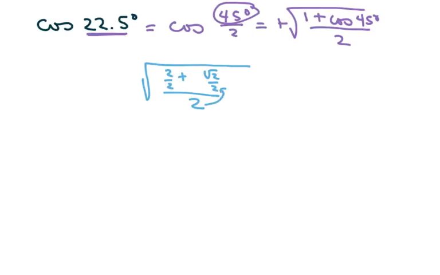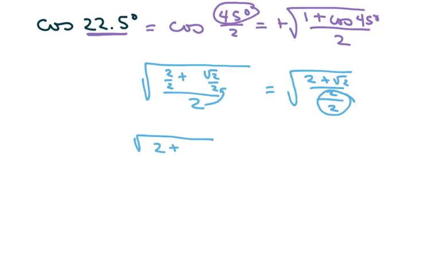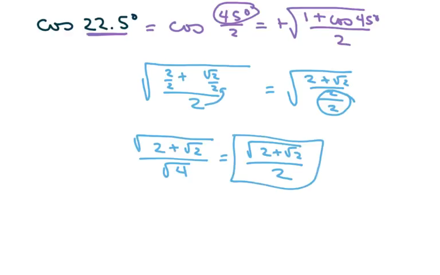This will be 2 plus square root of 2 over 2 divided by 2. And you multiply those two and get 4. So you're going to get square root of 2 plus square root of 2 over the square root of 4, which equals the square root of 2 plus the square root of 2 over 2. So there's your answer.